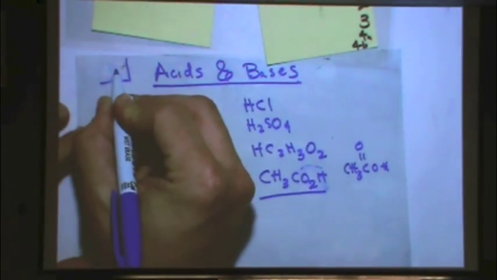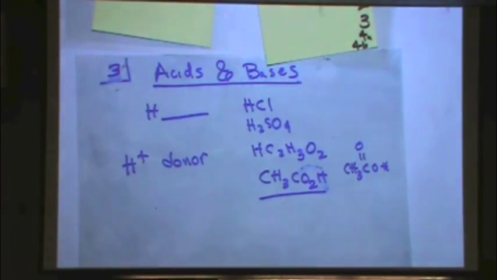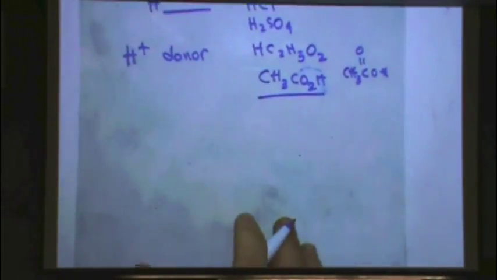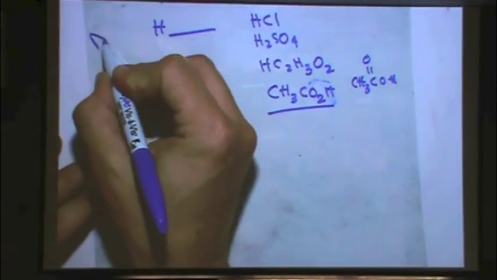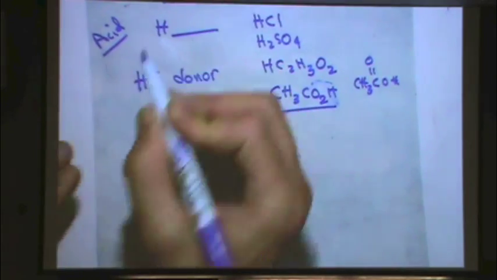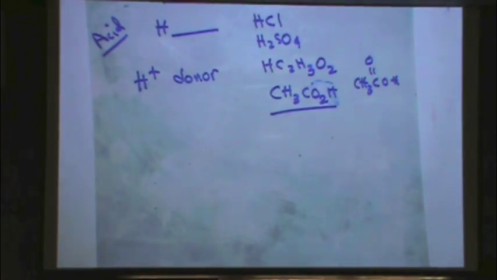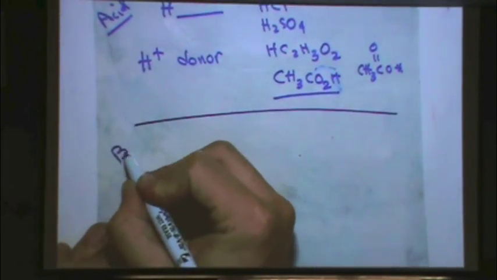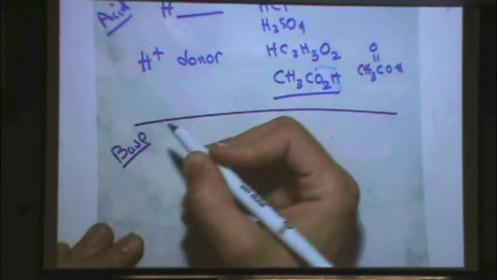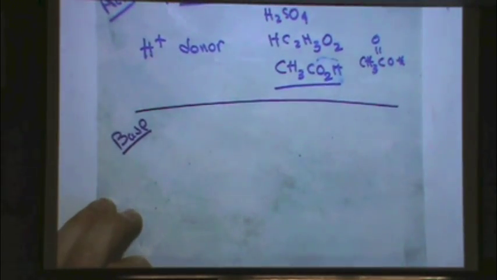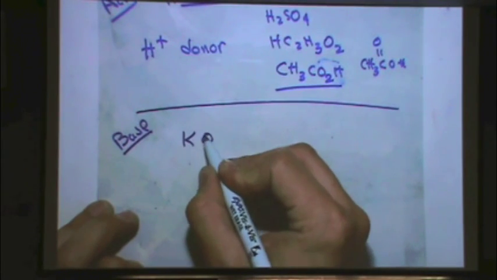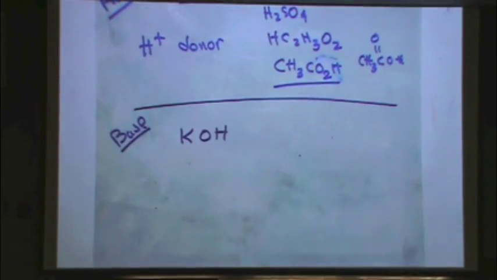So that's acids, so this is section 3. Bases. A base would be a little bit different, like KOH would be a base.